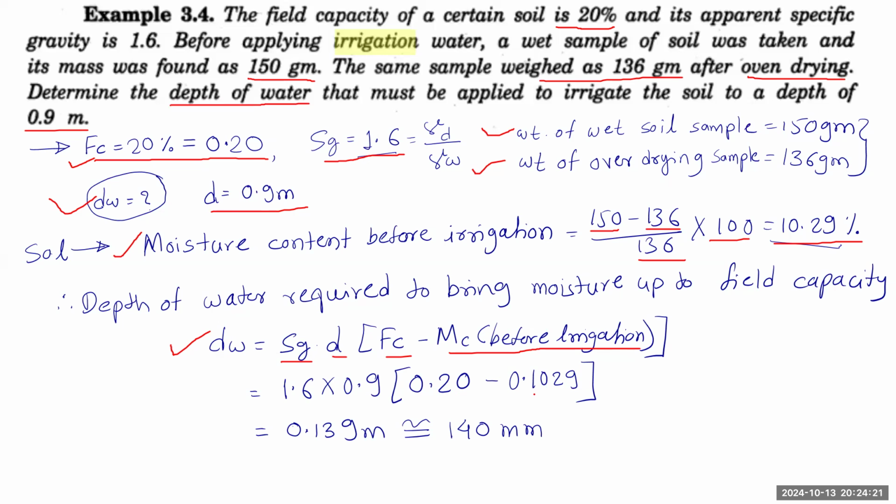By putting all these values, we get the depth of water required to bring the moisture content up to field capacity as 0.139 meter. So let us say approximately equal to 140 mm. So there is one simple formula: dW is equal to Sg, or gamma d upon gamma w, into D into bracket Fc minus moisture content before irrigation, or wilting coefficient.